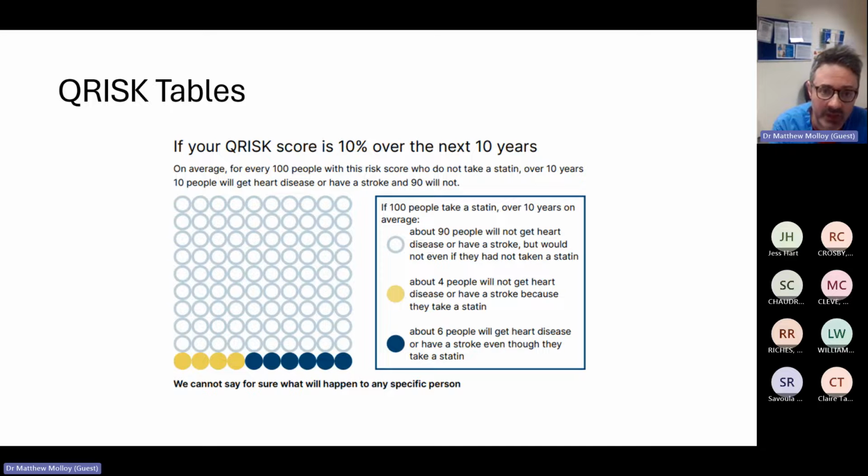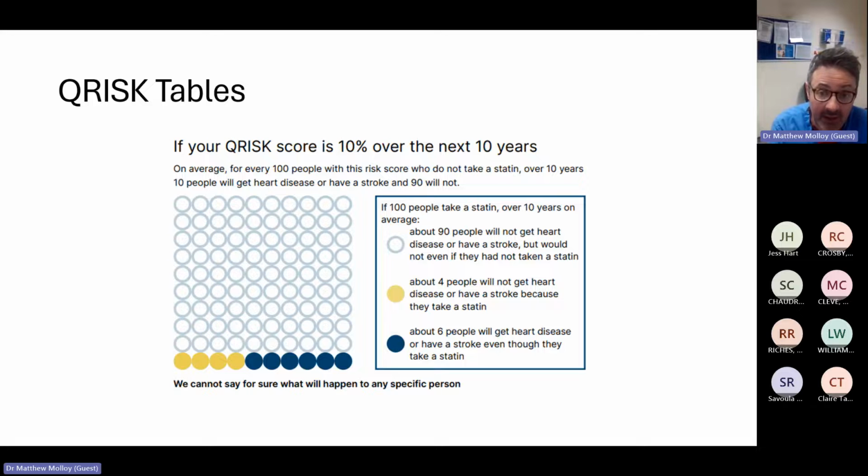So this is for a patient with a QRisk score of 10%. On average, for every 100 people with a QRisk score of 10% who do not take a statin over 10 years, 90 won't have a heart attack or a stroke, but 10 will. If these same 100 people take a statin over 10 years, on average about 90 people will not get heart disease or a stroke, but would not have even if they had not taken a statin.